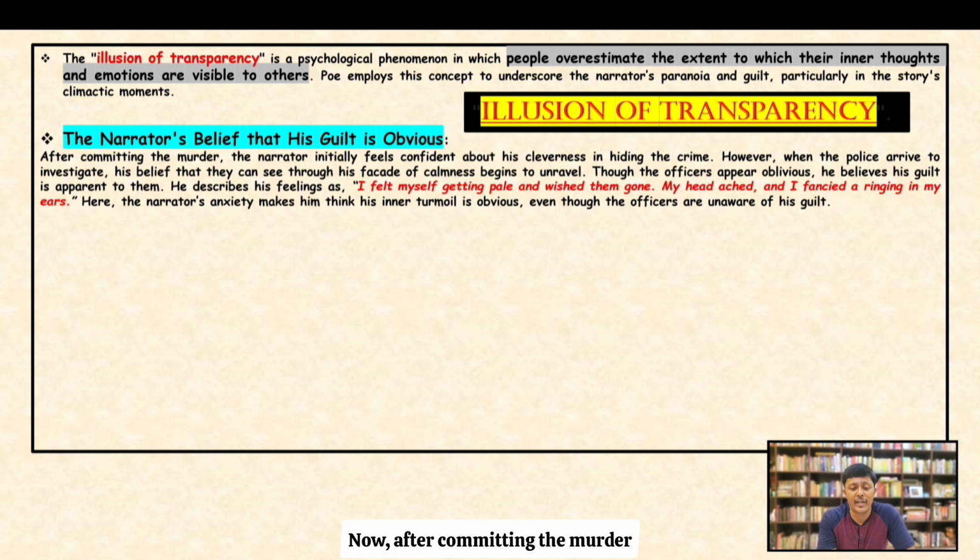After committing the murder, the narrator initially feels confident about his cleverness in hiding the dead body under the floorboards. When the police arrive to investigate, he believes they can see through the facade of calmness. This is a disguise that he is wearing. Most people would think the police cannot understand, but the narrator thinks that the police can see through and guess his facade.